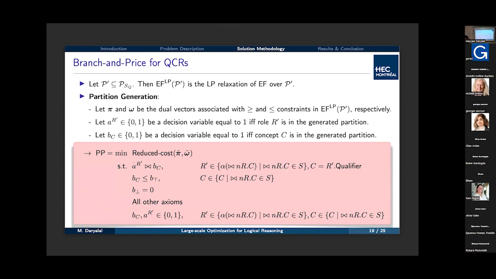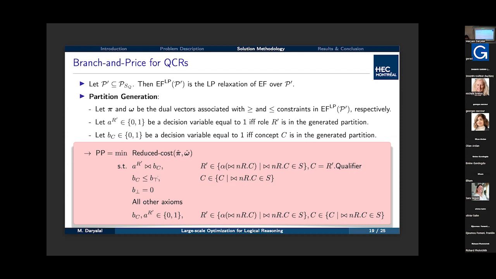So if AR prime is equal to 1, then, if it's a less than or equal to constraint, BC should be equal to 1 as well. And the other way, if it's a greater than or equal to constraint, then if BC is equal to 1, AR prime should be equal to 1. So this is the logical relationship between the two.